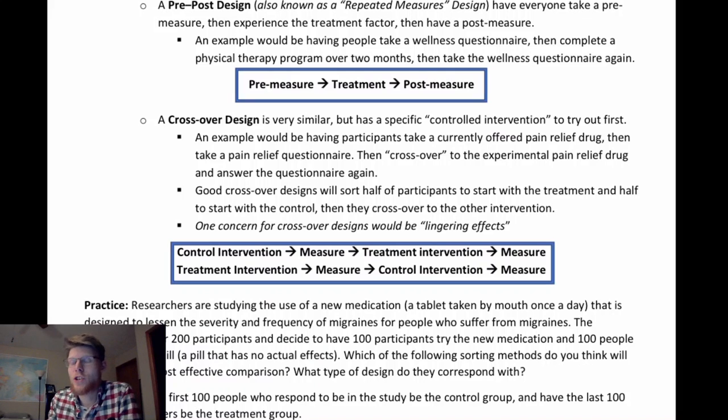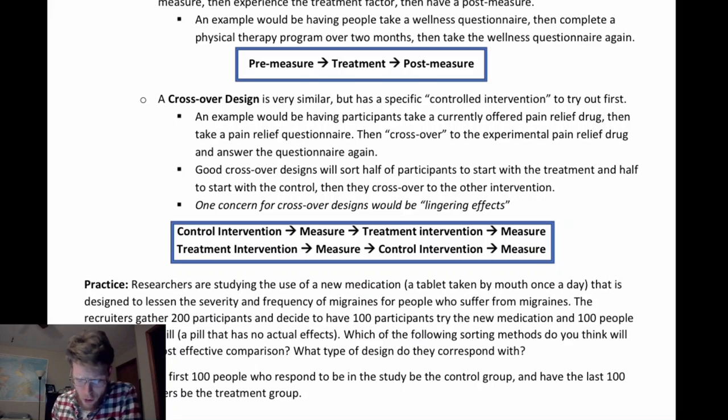Then we take a measure and then we switch them around, and then they do the other intervention that they didn't do the first time. And so that way we have these pre-post measures from both orders and from both groups. And so that lends itself to some more options in terms of what I can do.